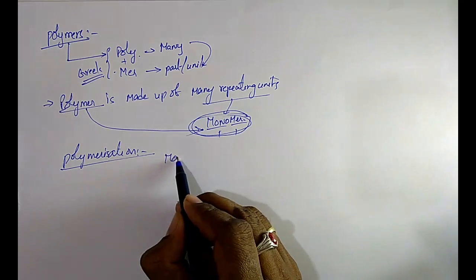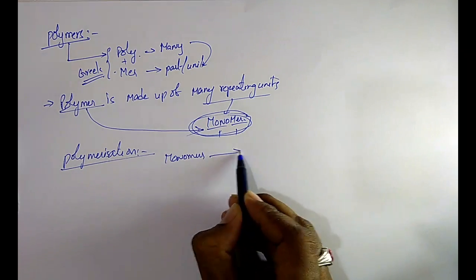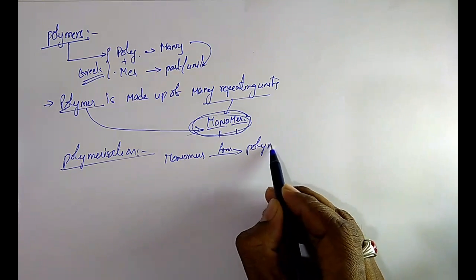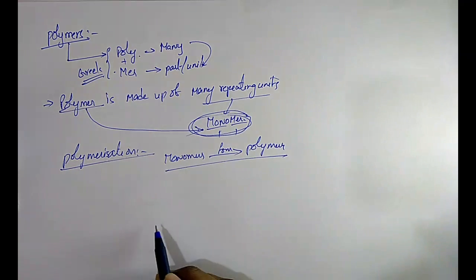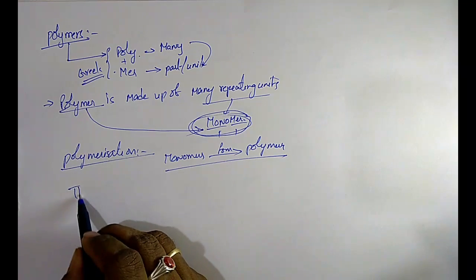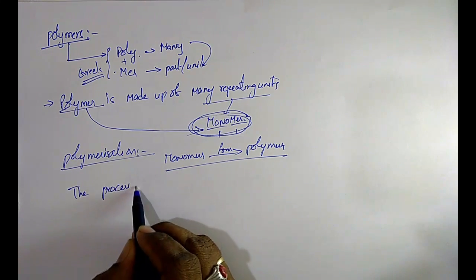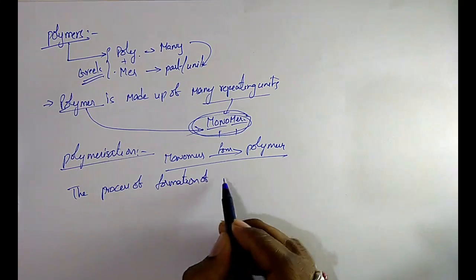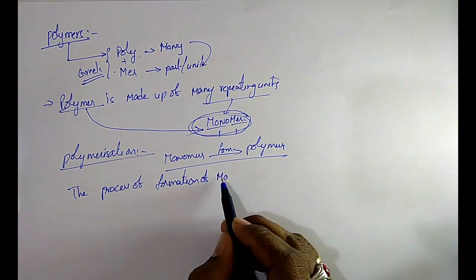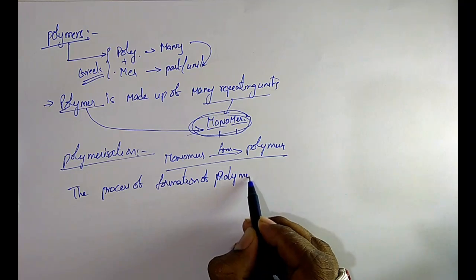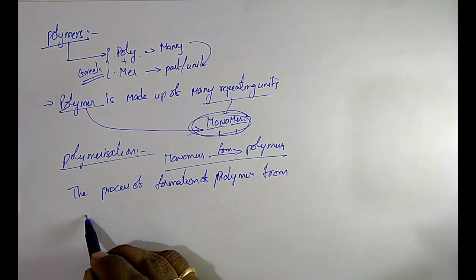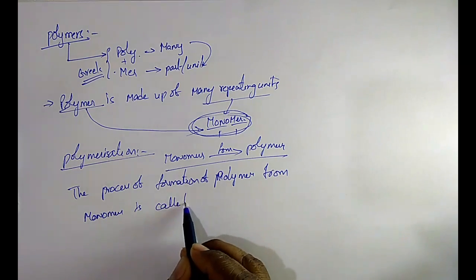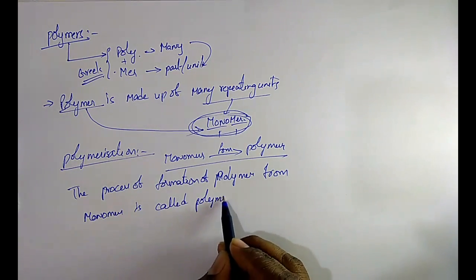That is the process where monomers form polymers. This process is called polymerization.